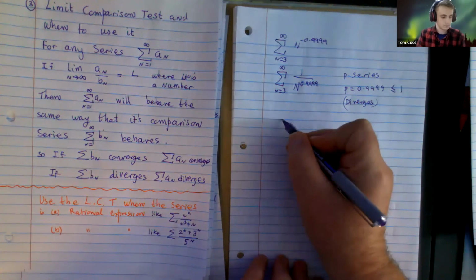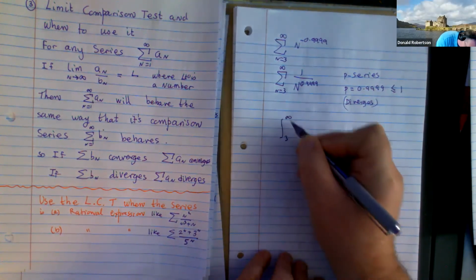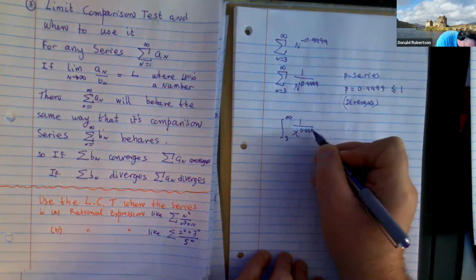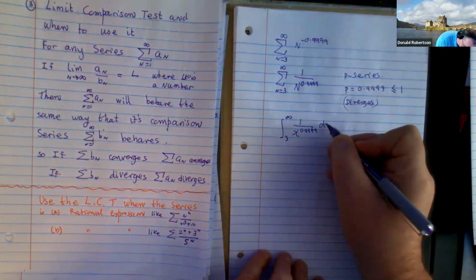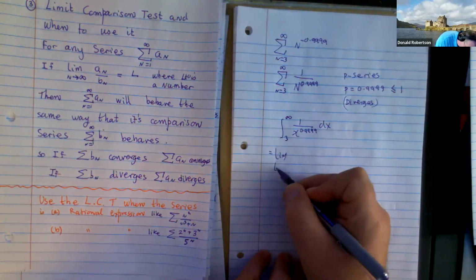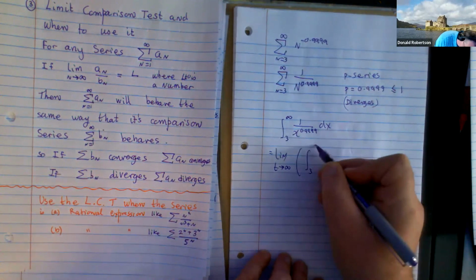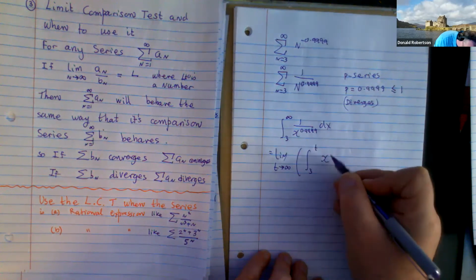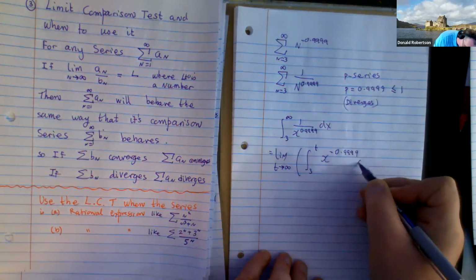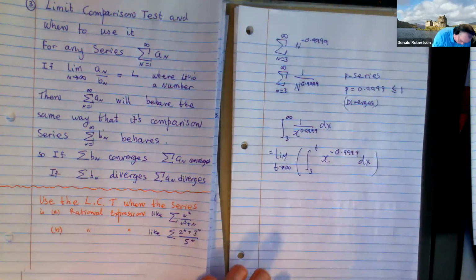So all we're going to be looking at is the limit from 3 to infinity of 1 over x to the 0.9999 dx, which is going to become the limit as t tends to infinity of the integral from 3 to t, and I'm going to rewrite this as x to the negative 0.9999 because that's going to be easier to integrate, because I'm going to use the power rule.